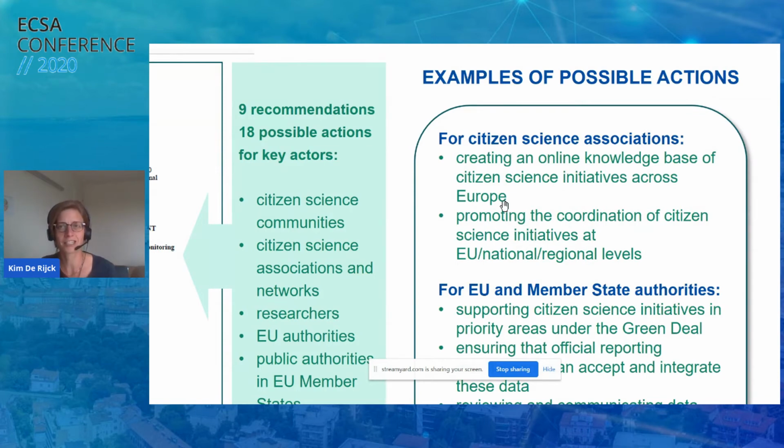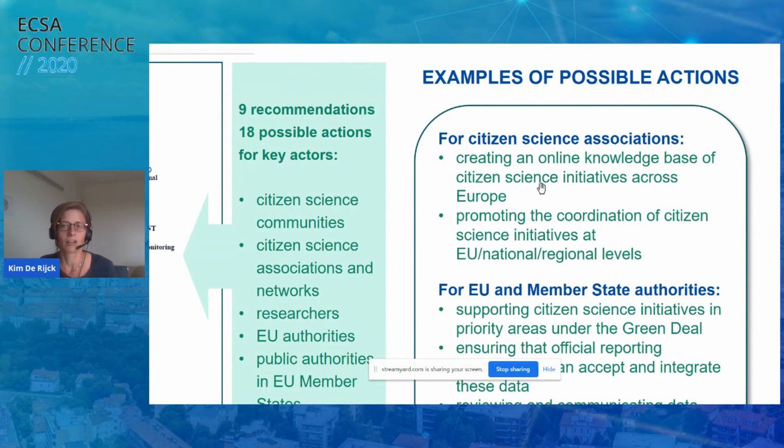For instance, for citizen science associations, it's recommendable, and it's already happening, that they create an online knowledge base of citizen science initiatives so that we know what's happening across Europe, and also share tools and guidelines which are already available and being produced by various initiatives.